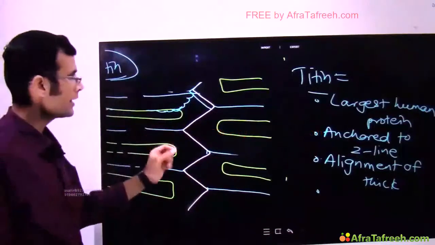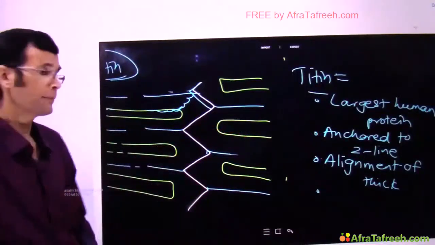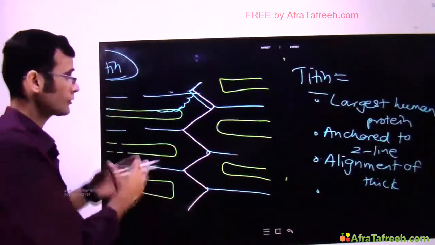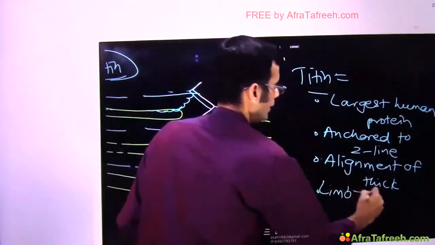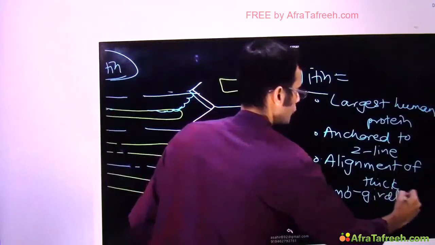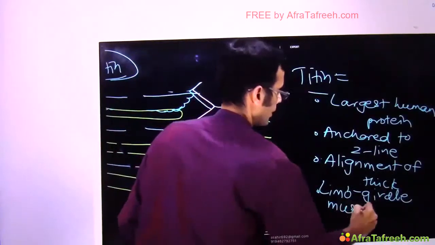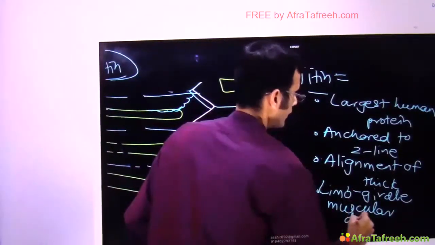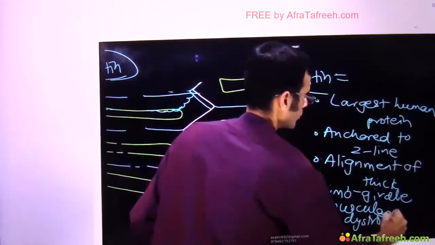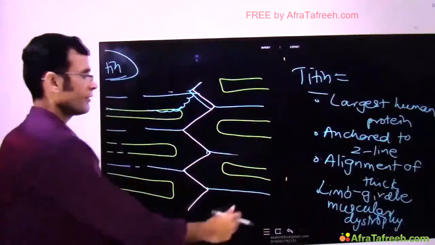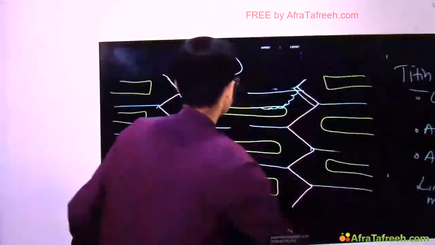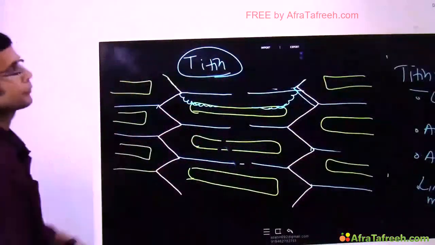And the genetic defect in the gene that codes titin results in a defect called limb girdle muscular dystrophy. It's a titinopathy. Limb girdle muscular dystrophy is a titinopathy from the genetic defect of titin. That's one muscle protein.